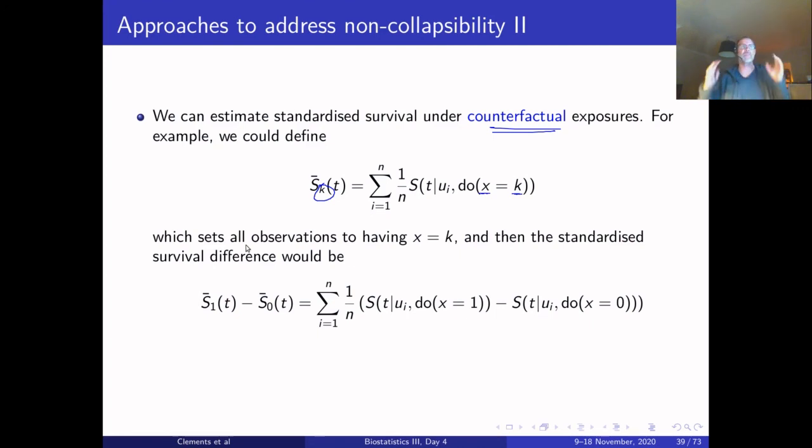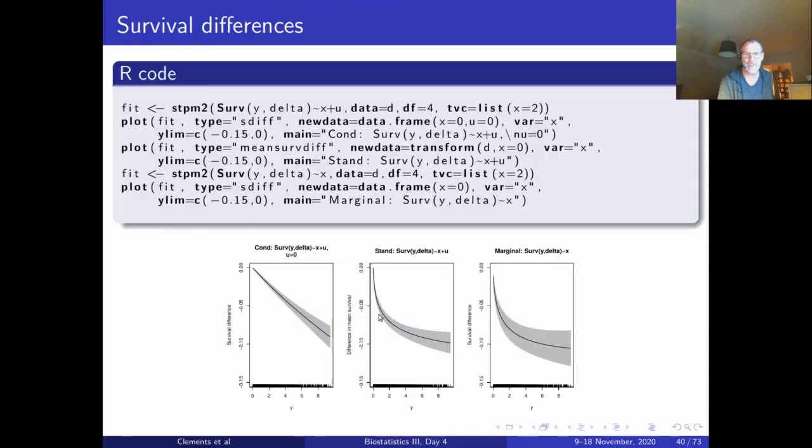So what we do is we take all of the observations and then assume everyone was exposed and then everyone wasn't exposed. So this shows the example comparing all exposed and all unexposed, and then you average.